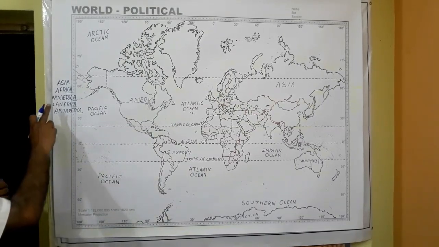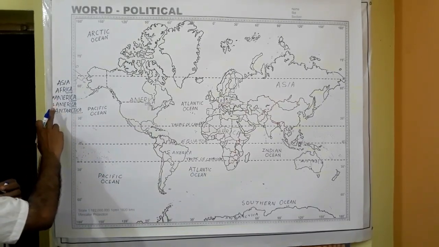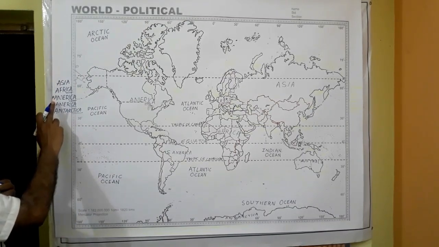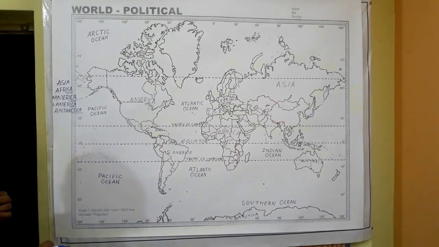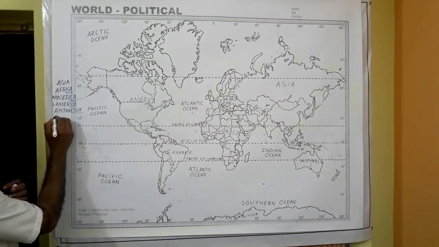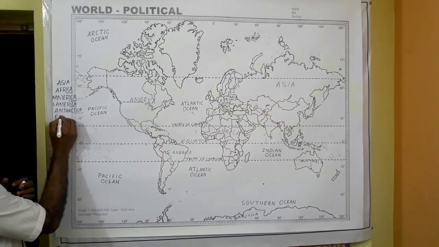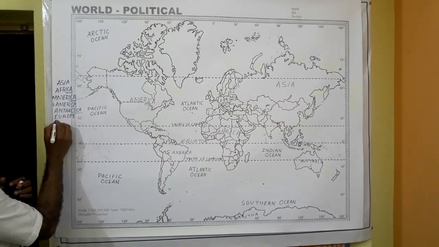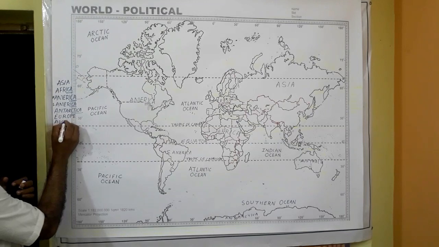And what we said about North America first or South America first, because N comes first. So North America, next is South America. The next one is Europe. And finally Australia.